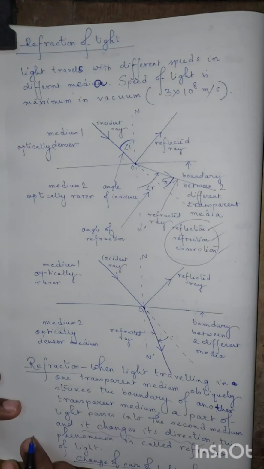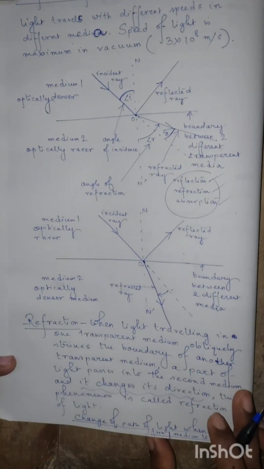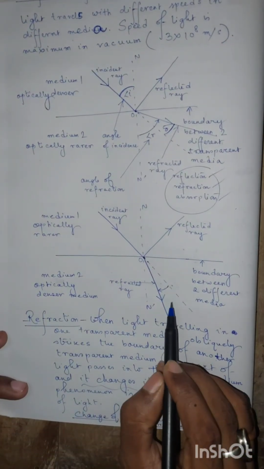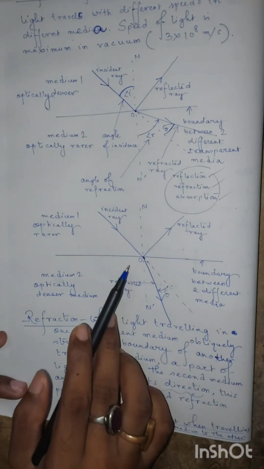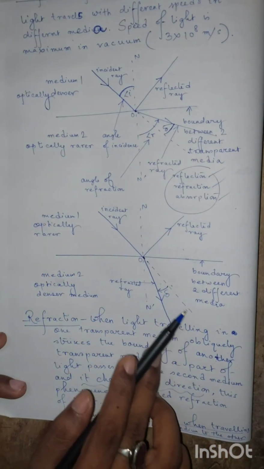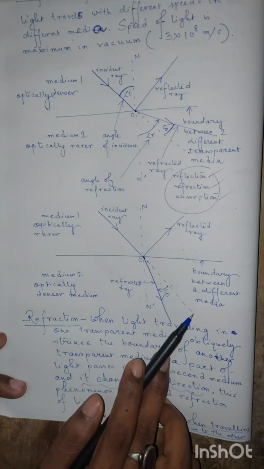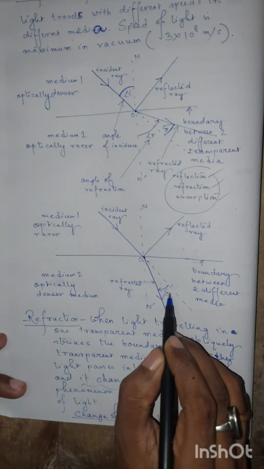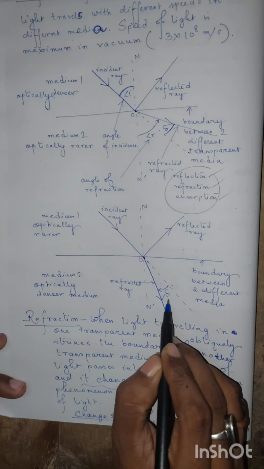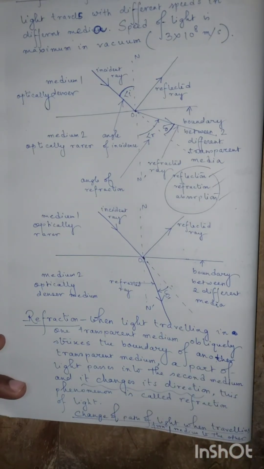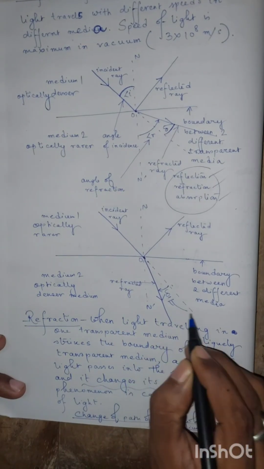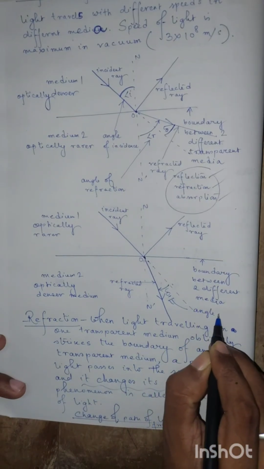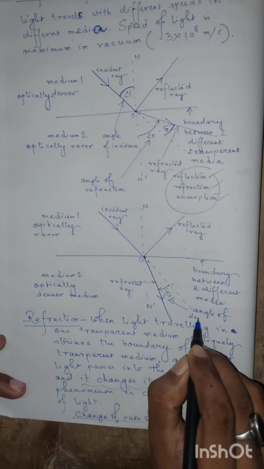Okay, for the second diagram we can see that this is the delta, this is the path that the incident ray should be following, and this is the refracted ray, this is the actual path. So the angle between these two paths is called angle of deviation. Okay, so delta represents angle of deviation.